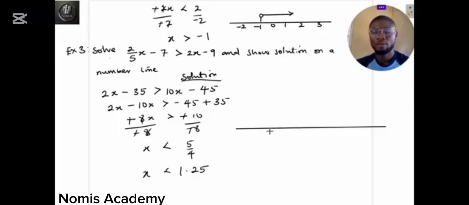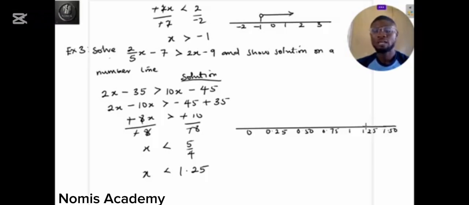So the origin is 0, then 0.25, the next should be 0.5, the next 0.75, the next 1, the next 1.25, and the next 1.50.